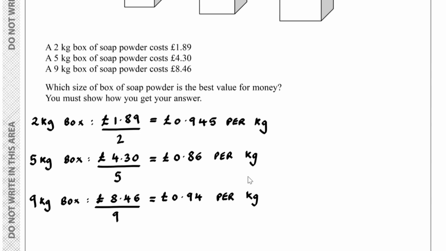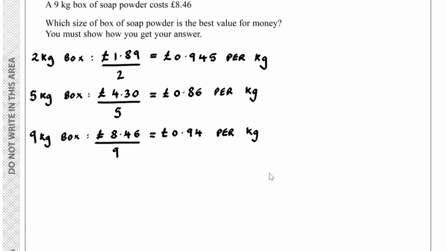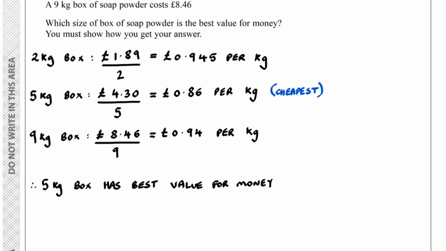So which one has the best value for money? Well, because this is the cheapest, what we can say then is the 5 kilogram box has the best value for money.